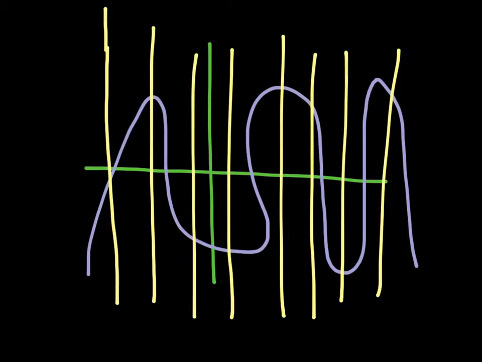So let's talk about this in colors. The yellow lines are our vertical line test, and the purple is our equation, our graph. If anytime the yellow intersects the purple twice in the same line, this would not be a function, this would be a relation.